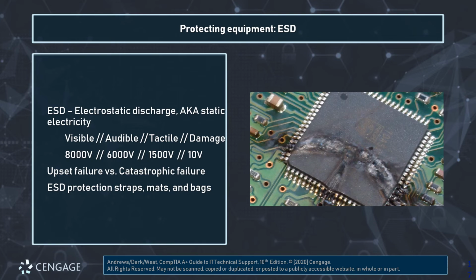And this is the kicker. Damage to an integrated circuit, like this chip, obviously not quite as visible as this, is only 10 volts. So there's a 150-fold difference between when we would notice and when the computer component would notice. Pretty major changeover.